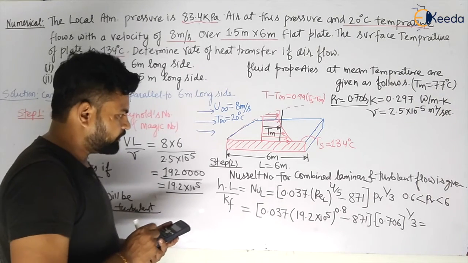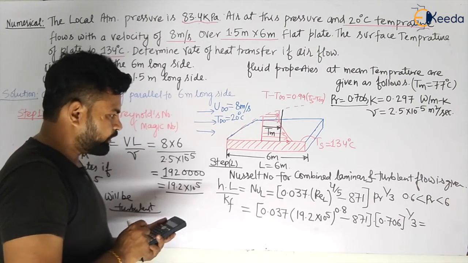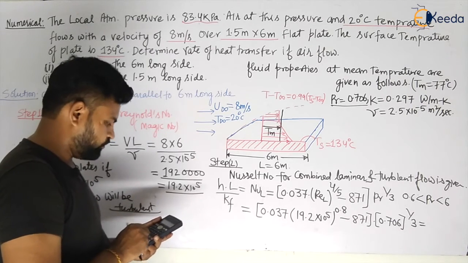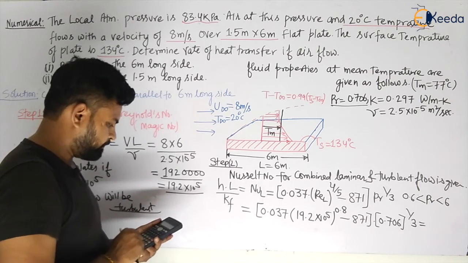So this is how much? 19.2 into 10 to the power 5, 19.2 we have, to the power 0.8.